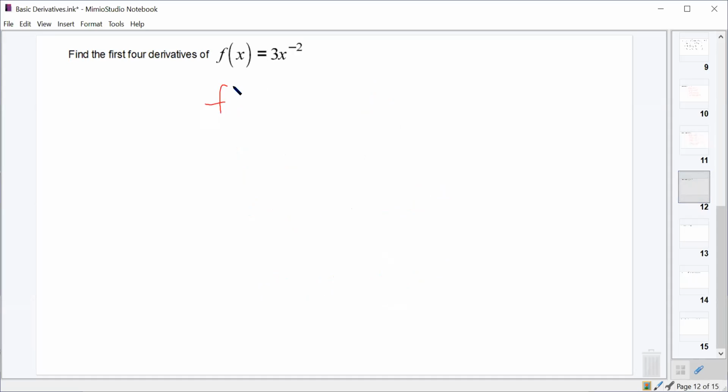Hopefully you guys are getting the hang of taking these easy power rule derivatives. What's the first derivative of 3x to the negative 2? Negative 6x to the negative 3. And the next derivative? 18x to the negative 4.